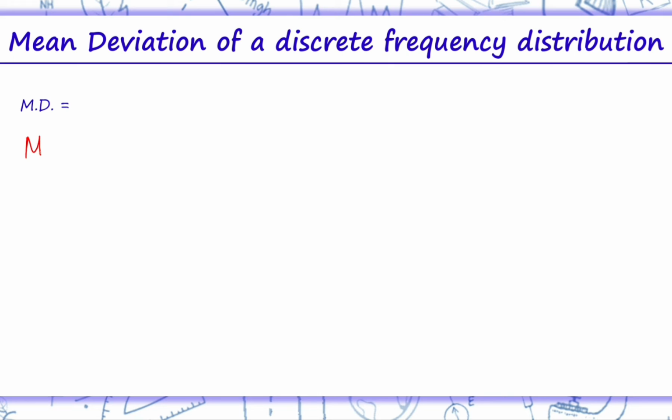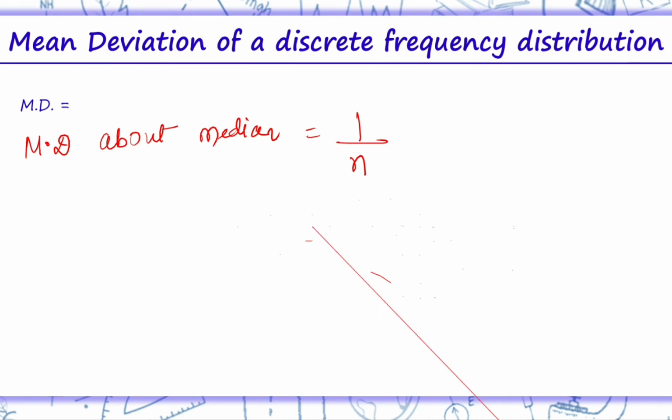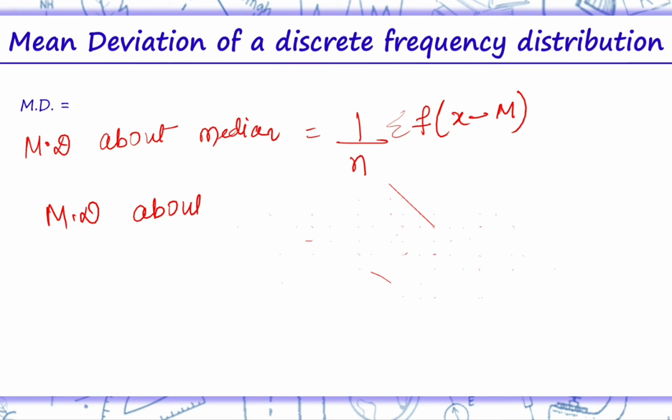For the mean deviation about median, the formula is the same: 1 by n summation of f into mod of x minus m. Similarly, for the mean deviation about mean, it will be 1 by n summation of f mod of x minus x bar.